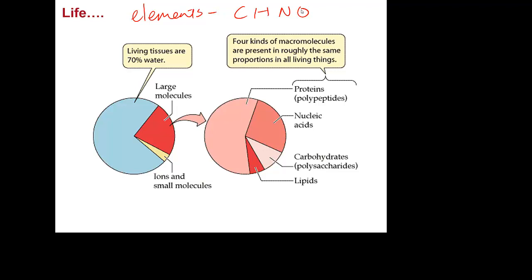So in you, we look at proteins and nucleic acids, carbohydrates and lipids as being the majority of what you are. Now we know that you are mostly water, but if we break down that large molecule group that's about 25% of you, we look at roughly half of that being proteins, roughly a quarter of that being nucleic acids, and then the rest being carbohydrates and lipids.